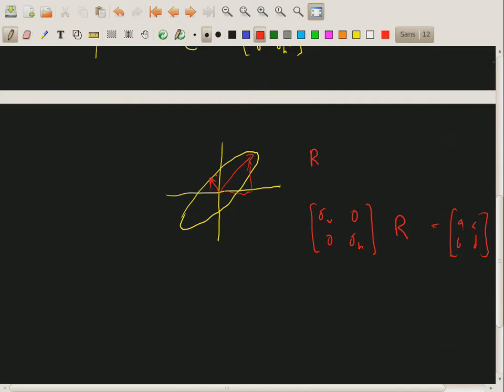Now, the key point about this is a physical representation of eigenvalues and eigenvectors. So the eigenvalues are the length of these things. So you can't see the mouse, sorry. The eigenvalues are the length of these vectors.